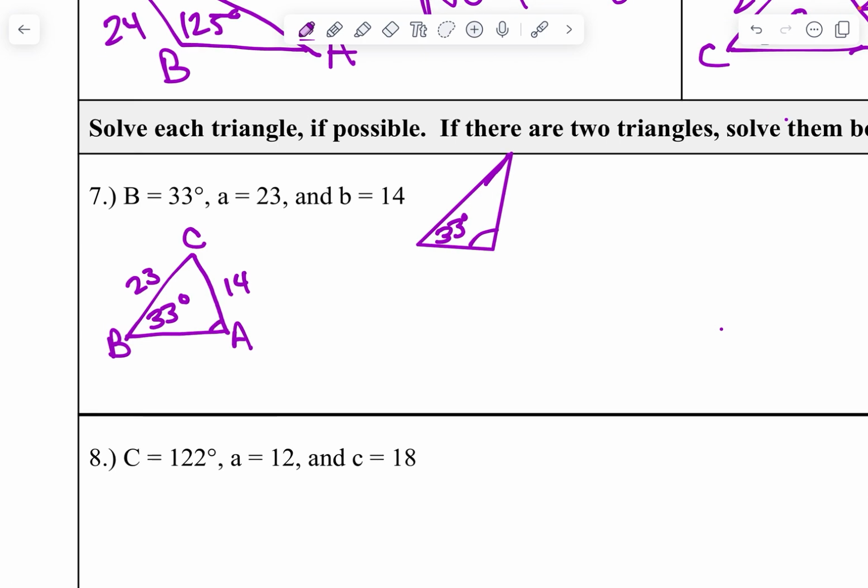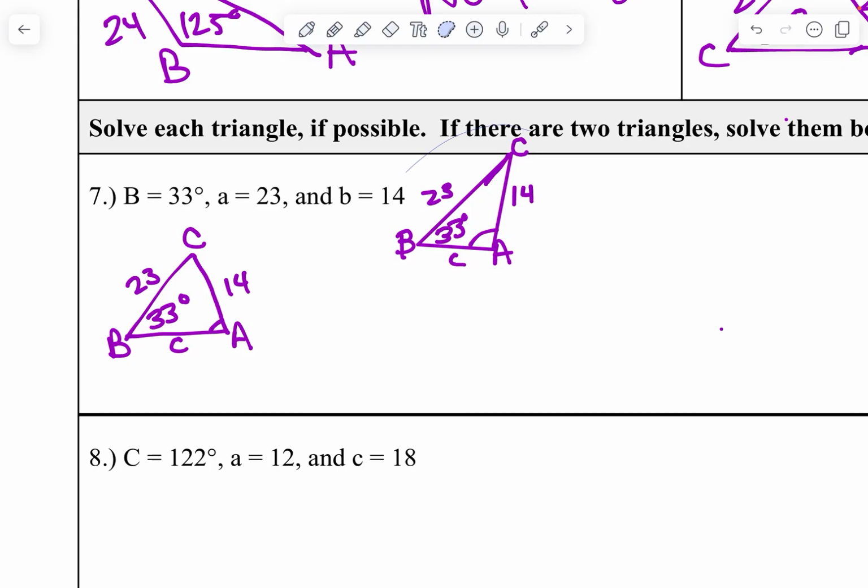So we will have two triangles here. So we'll have to find the angle measures A and C for both and side length C.